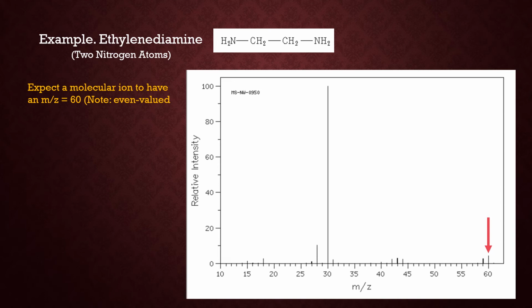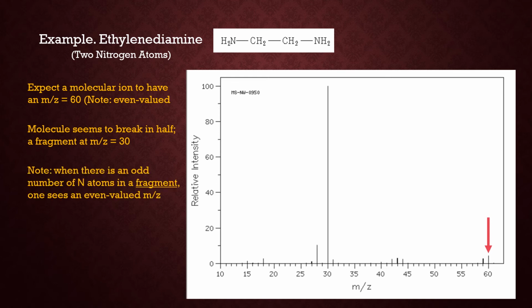In fact, it breaks in half and gives me a fragment instead as the dominant species appearing at 30. And this seems to contradict what I mentioned in the previous example, namely that fragments have an odd value m/z.